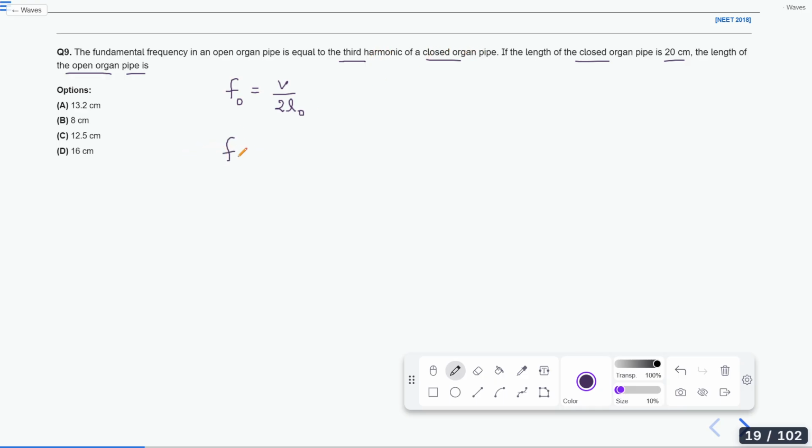So I should write 3 for the closed organ pipe, third harmonic, that is 3V by 2LC. They both are equal. And the length of the closed organ pipe is given as 20 centimeter. So from here, you can calculate the length of the open organ pipe. Calculate and tell me what is the correct answer.